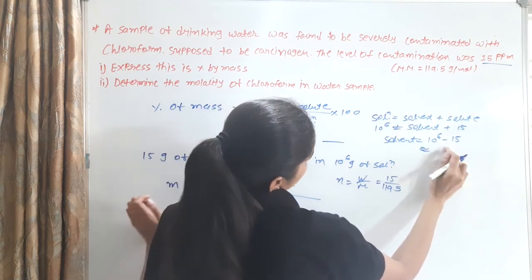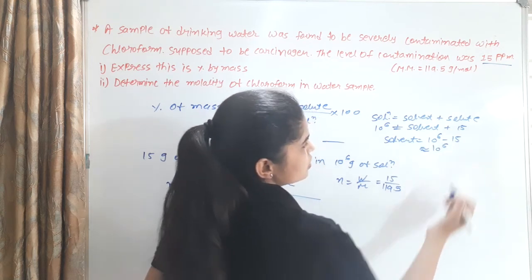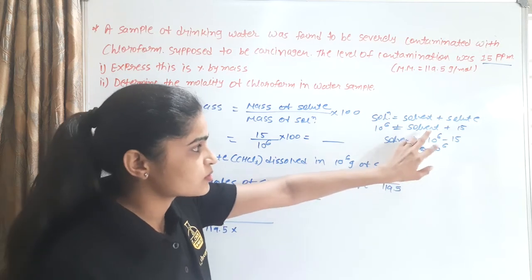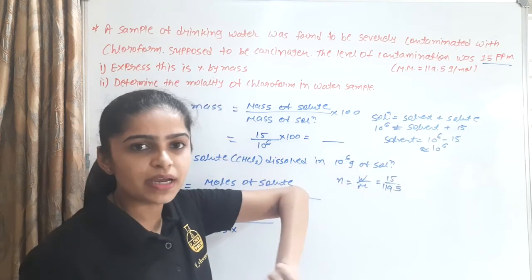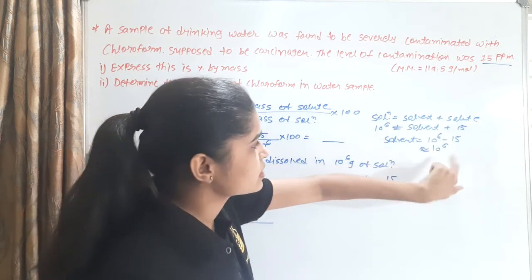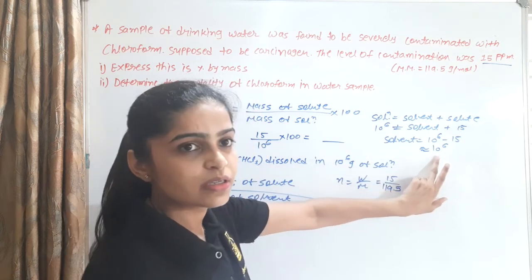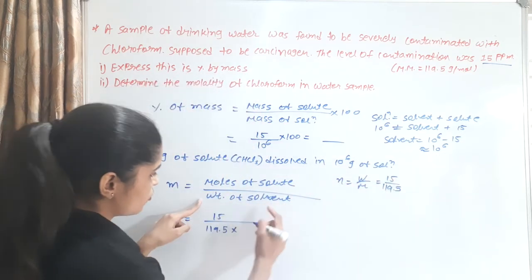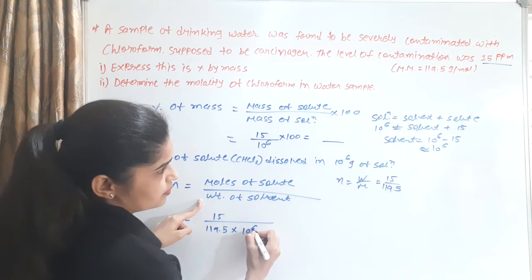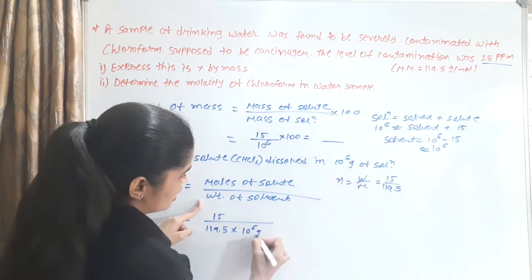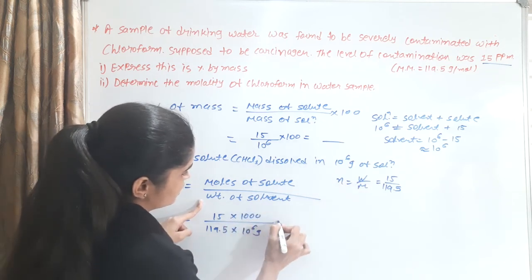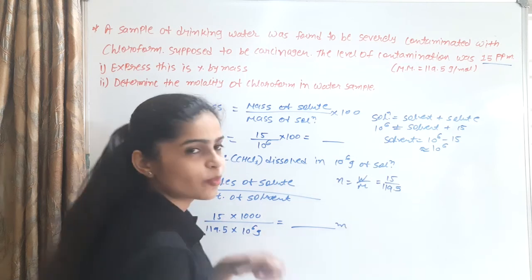So see, this is nearly about 10 raised to 6, because 10 raised to 6 is a very large amount and 15 is a very minor amount. So 10 raised to 6 minus 15 is nearly 10 raised to 6. Put this value, weight of solvent 10 raised to 6. This is in gram, so multiply with 1000. It gives the answer of the molality.